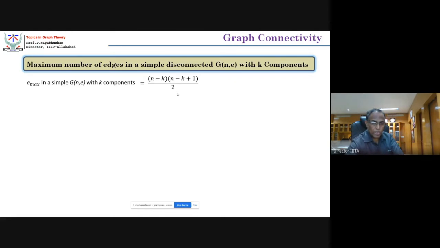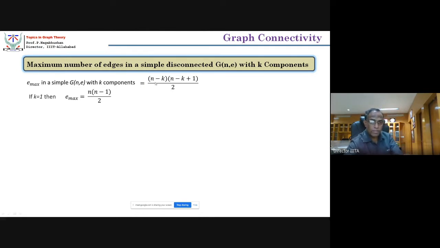If k is 1, it's only one component: n minus 1, here minus 1 plus 1 cancels, giving n into n minus 1 by 2. So if k is 1, then Emax is n(n minus 1)/2, which we derived in one of the earlier classes.